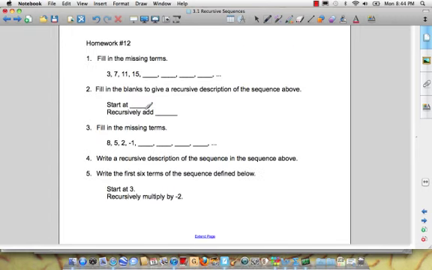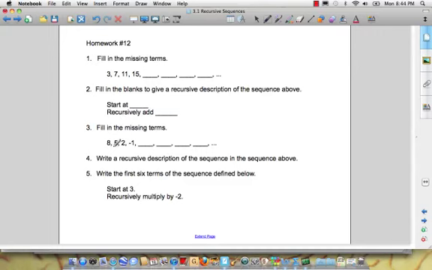For your homework, question 1, look at this sequence, figure out the pattern, and then use that pattern to fill in those 4 blanks. Then, describe that sequence recursively in words. Start at blank and recursively add blank.